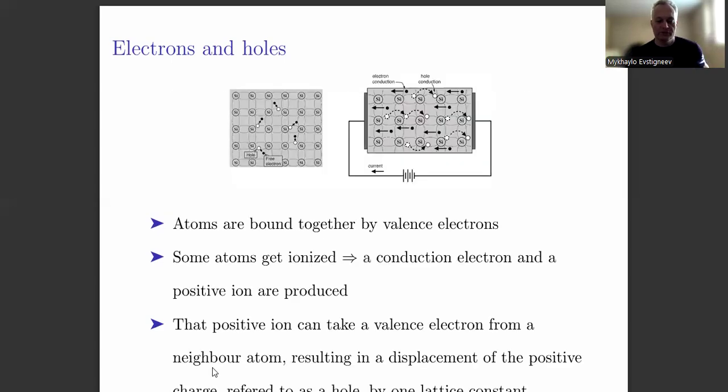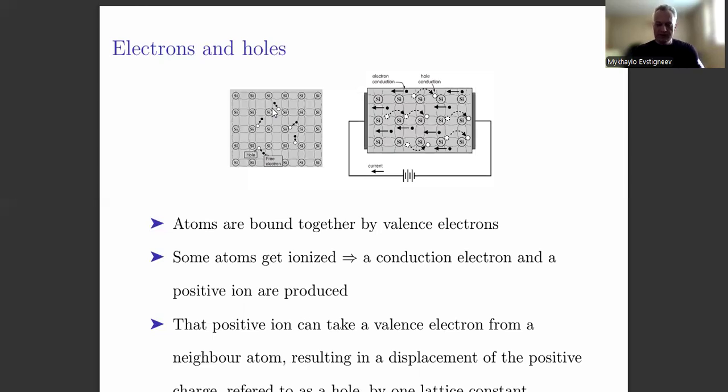And why the holes are positive, this can be understood if we consider this picture. Let's say we have a silicon crystal. The valence electrons in silicon form chemical bonds between the neighboring silicon atoms.